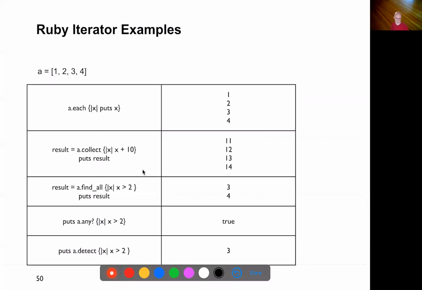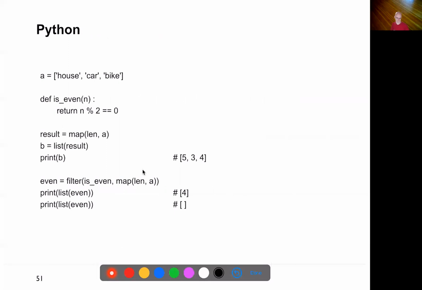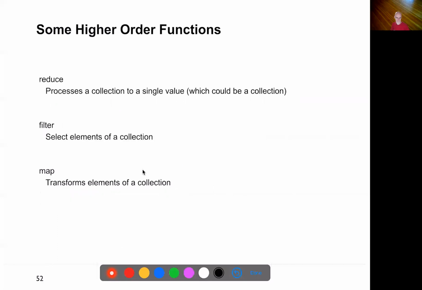And of course, different languages have different sets of iterators. I don't know any Ruby programmers out here, but here are some Ruby iterators. Python does have filter, map. And these are sort of the big ones.